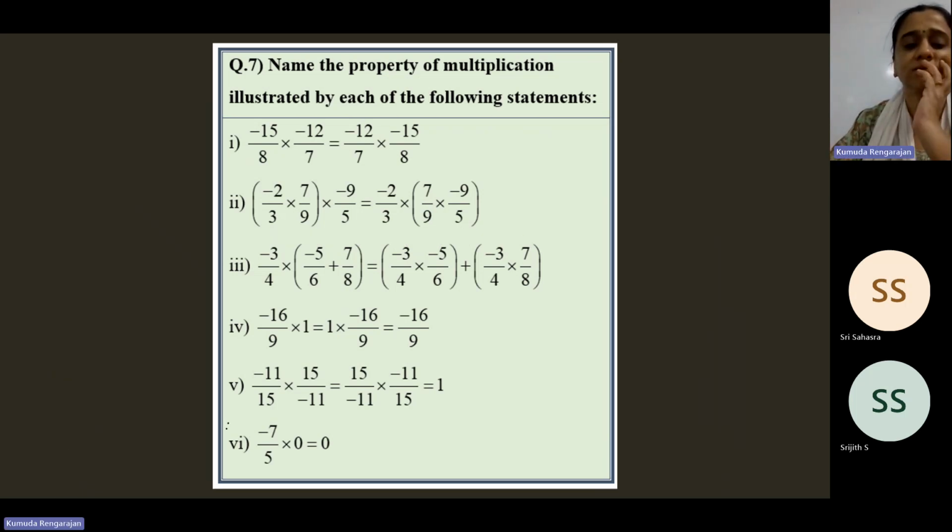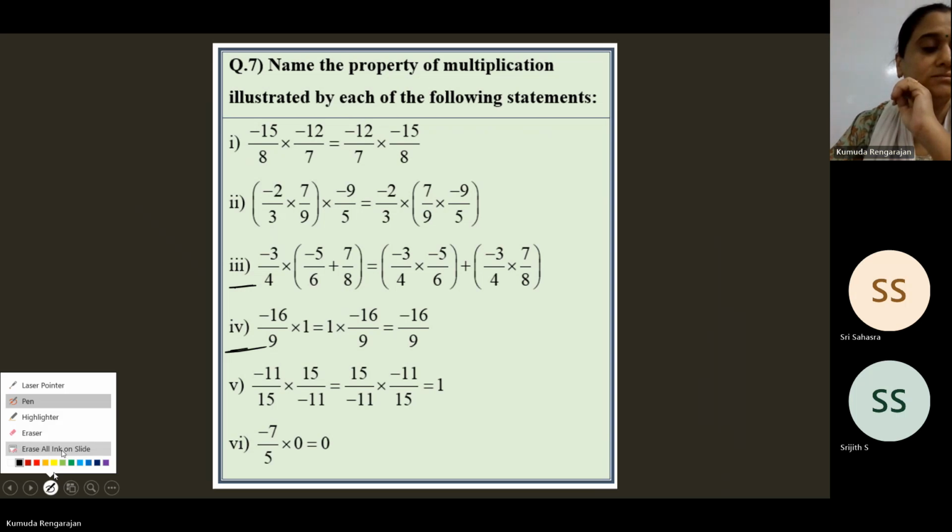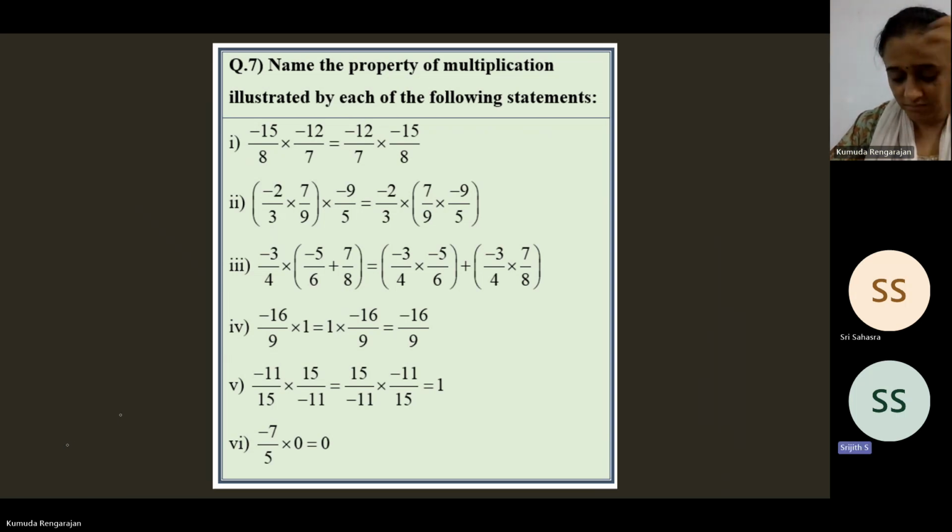Next one, Srijit. Which number? Okay, Srijit, what's the answer we discussed for the third one? Ma'am, distributive property, ma'am. Completed. Distributive property of multiplication over addition. Repeat.